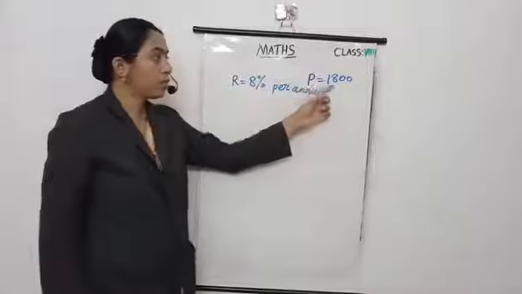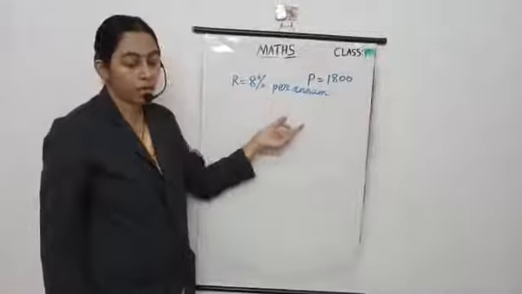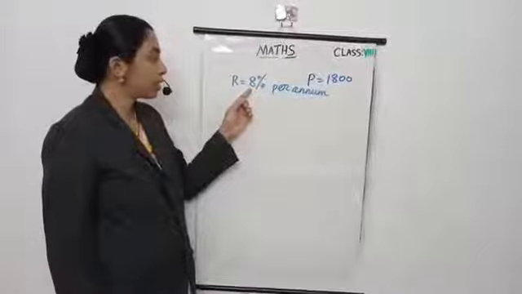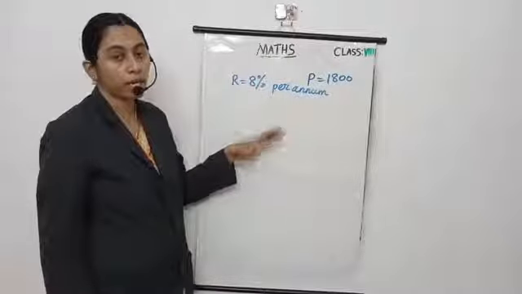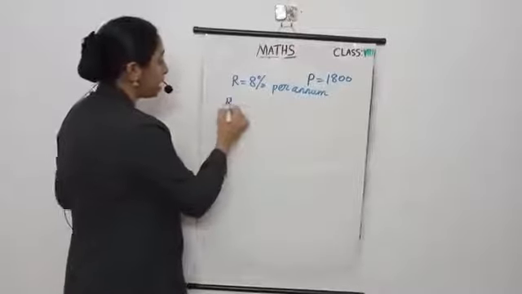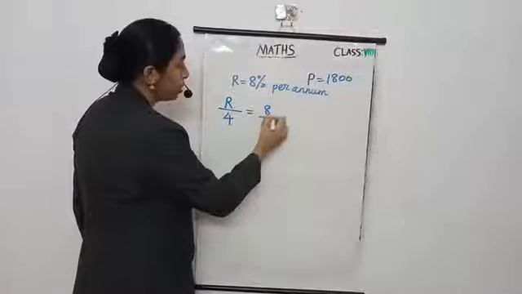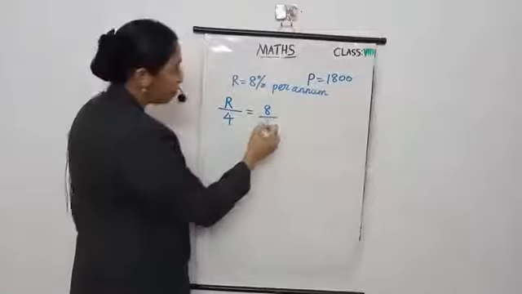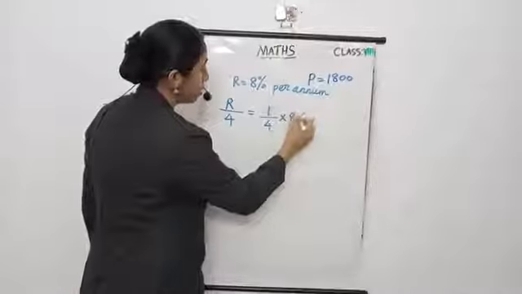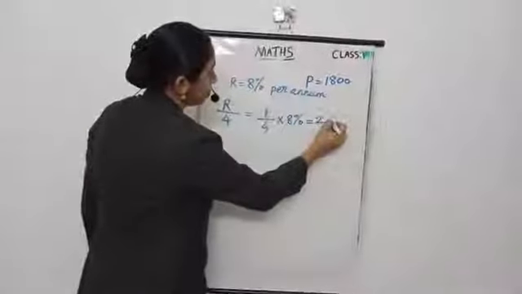So principal amount 1800 and rate 8 percentage per annum compounded quarterly. That is per year 8 percentage, but here calculated quarterly. So first we need to find the quarterly rate, that is R by 4, which is 1 by 4 into 8 percentage, that is equal to 2 percentage.